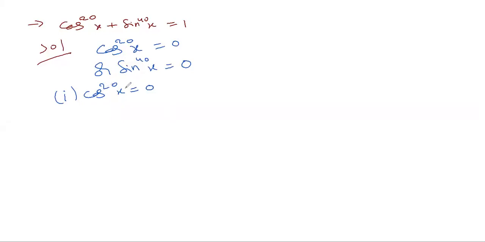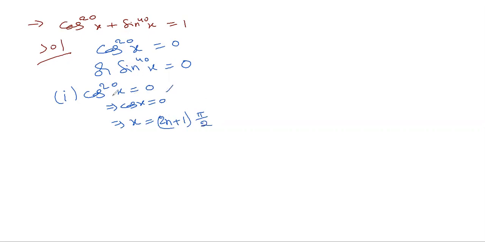Whenever cos^20 x equals 0, then cos x should be equal to 0. For that, x will be odd multiples of 90, that is (2n plus 1) times 90.